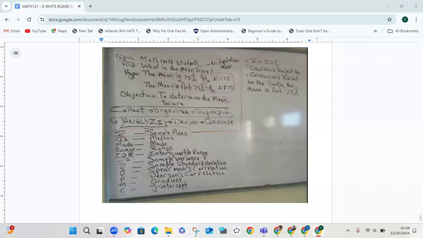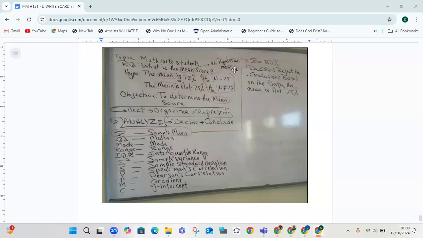And after calculating the sample mean, for example, let's say you get a sample mean equal to 82%. So now you're going to compare what the data is saying with what the null hypothesis is saying. The null hypothesis is saying that the population mean is 75. The data is saying that the sample mean is 82.